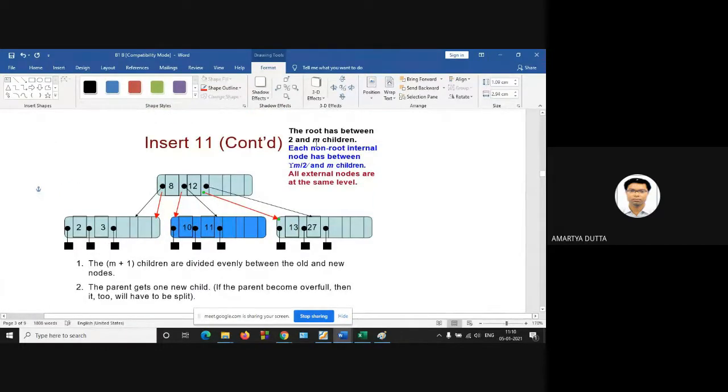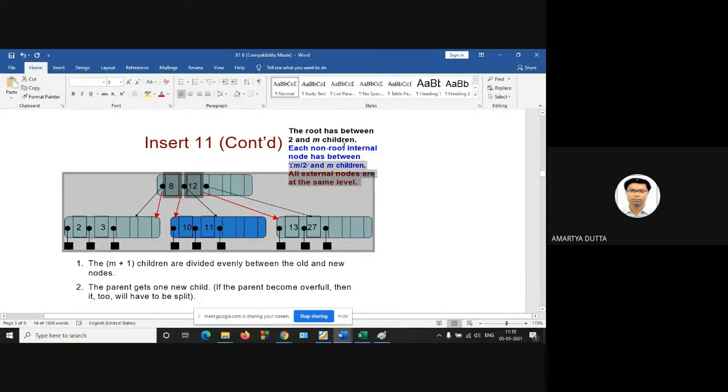The root has between 2 and m children, and each non-root internal node has between ceiling of m by 2 and m children, and all external nodes are in the same level. Okay. So just take one example.